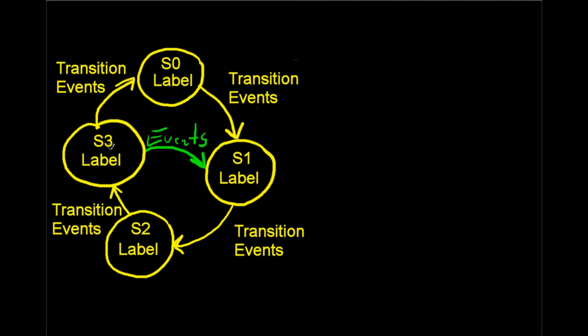So that from S3, if these events occur, we go to S0. If these events occur, we go to S1. If no event occurs, it's implied that S3 will just cycle back around to itself.